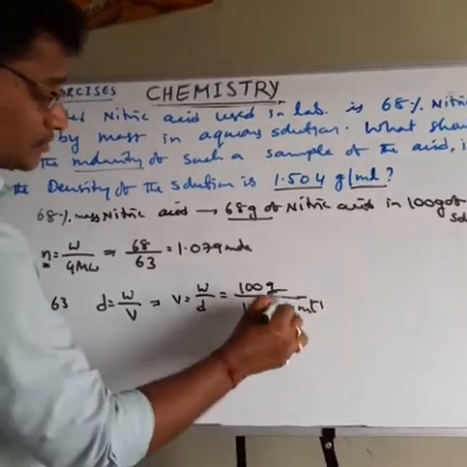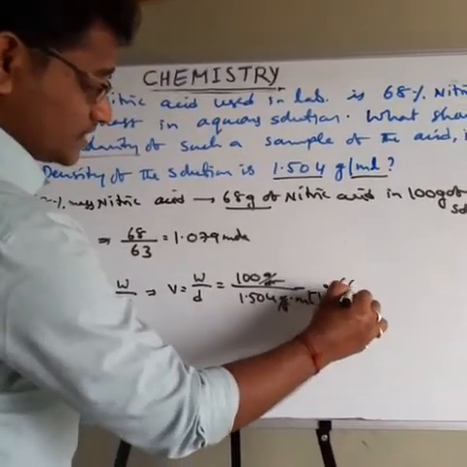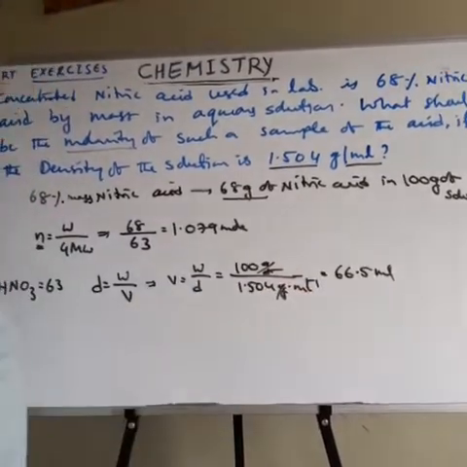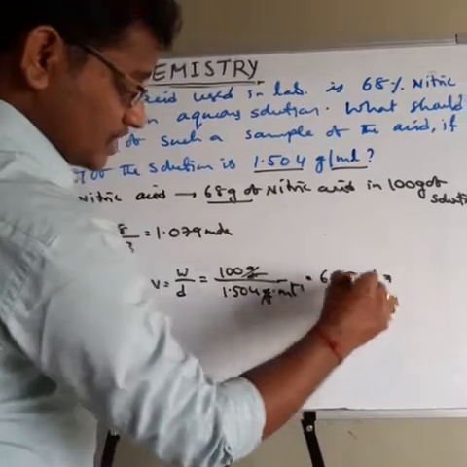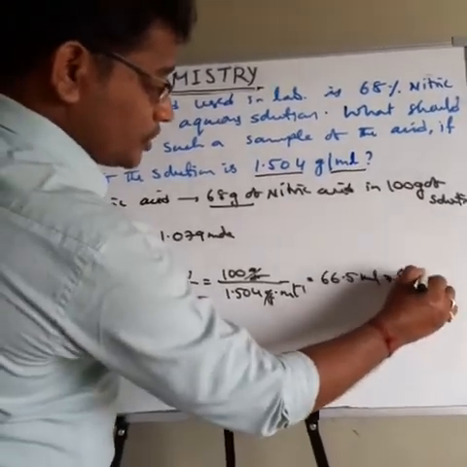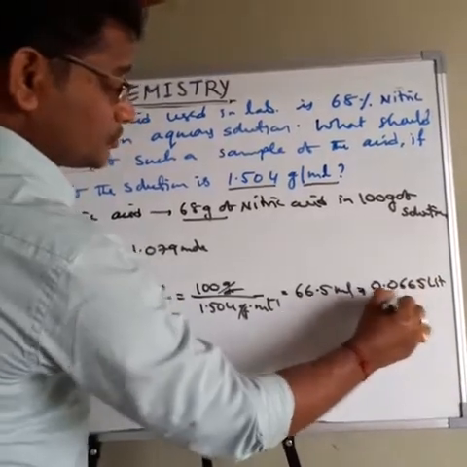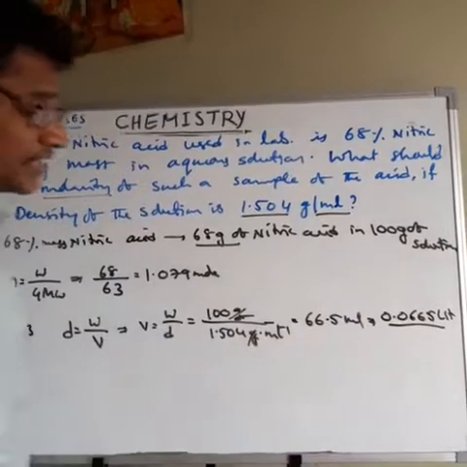Grams cancel. 100 by 1.504 is 66.5 ml. Converting into liters, it is 0.0665 liters. So we are changing the volume from ml into liters.